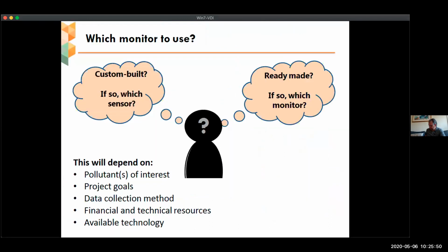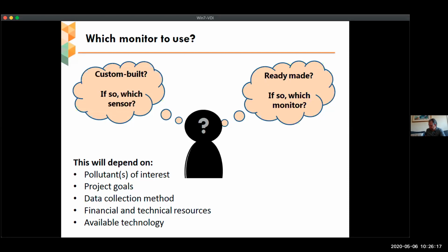So when thinking about which monitor you want to use, it's really going to depend on the pollutants that you're trying to measure, going back to what Catalina was talking about earlier about your project goals. So thinking about, is this monitor going to be providing data that is being used to supplement government data, or is it being used as an educational tool for maybe a younger audience, in schools?